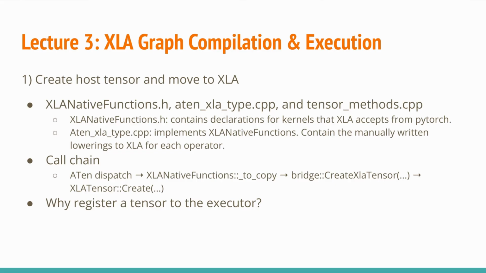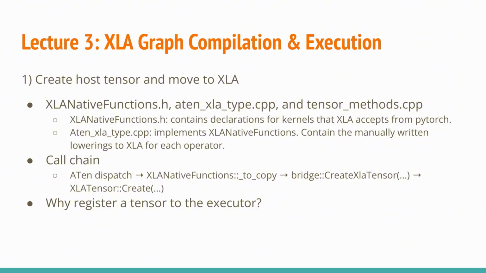That function delegates to another function called bridge create XLA tensor, which calls the XLA tensor create method to actually create the XLA tensor. The call chain in the second bullet point describes how a .to method on a regular PyTorch tensor can finally lead to the call to create an XLA tensor.